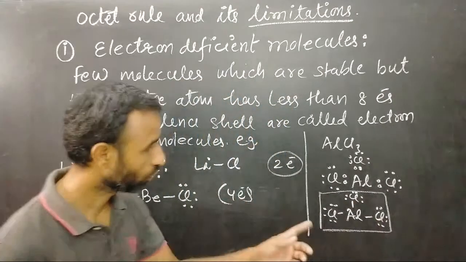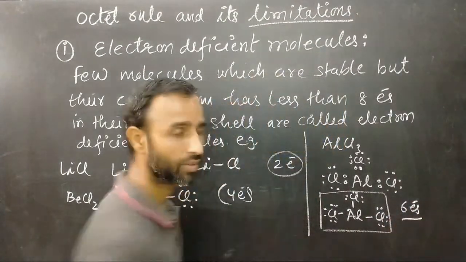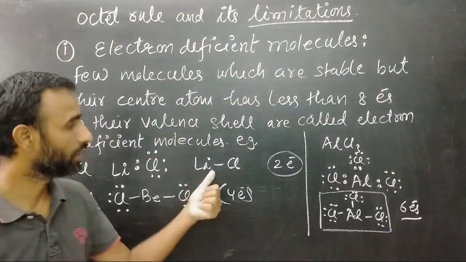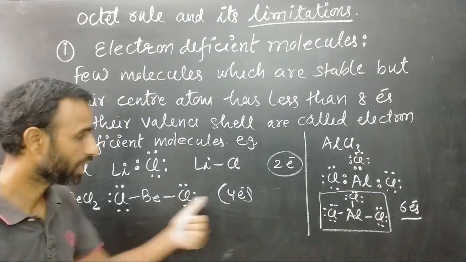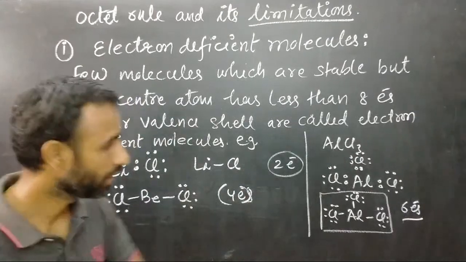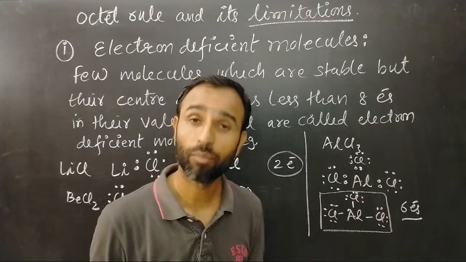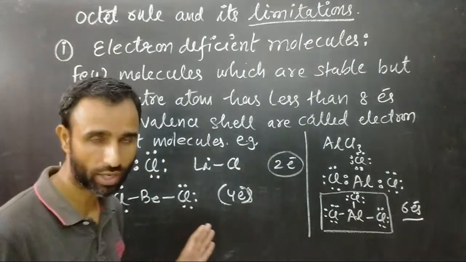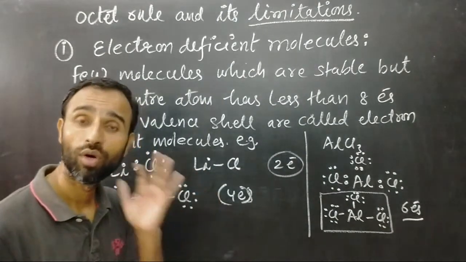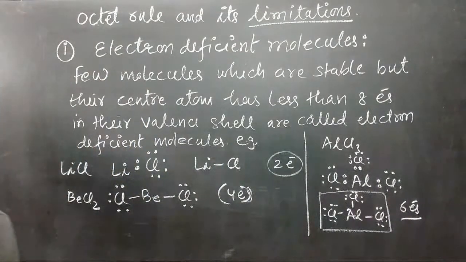So in this aluminium there are 6 electrons. In lithium chloride, lithium has 2 electrons only. In beryllium chloride, beryllium has 4 electrons only. In AlCl3, aluminium has 6 electrons only, but they are stable. Octet is not complete, but even then they are stable. Okay, so this is a limitation of octet rule.